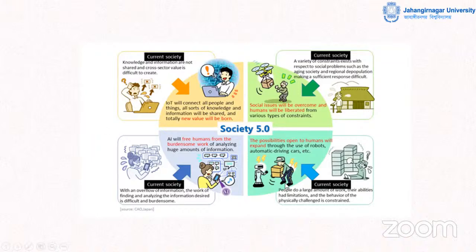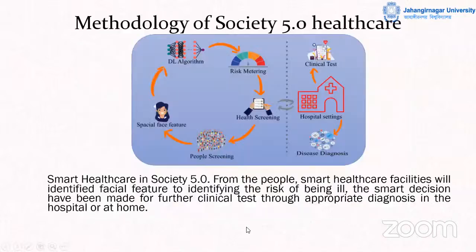So in Society 5.0, we are accumulating all possible things, and here in this presentation, I am only focusing on visually diagnosable diseases. So what could be the methodologies for Society 5.0 and the healthcare system?